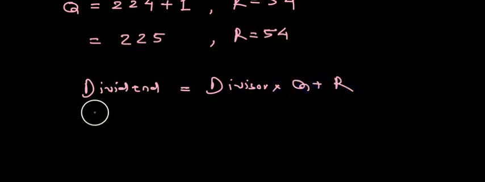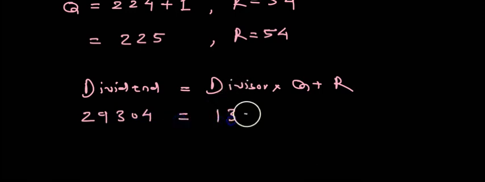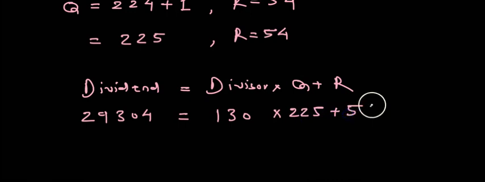What is the dividend? 29304 equals, what is the divisor? 130 multiplied by, what is the quotient? 225. What is the remainder? 54. Right? Now let us calculate the Beejank of these numbers: dividend, divisor, quotient and remainder. What is the Beejank of the dividend?